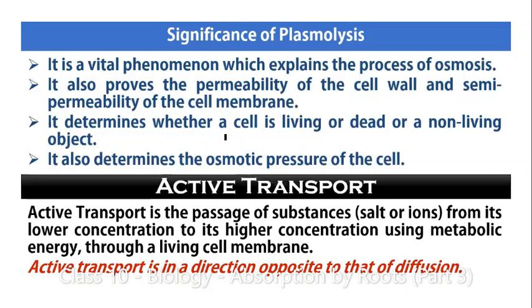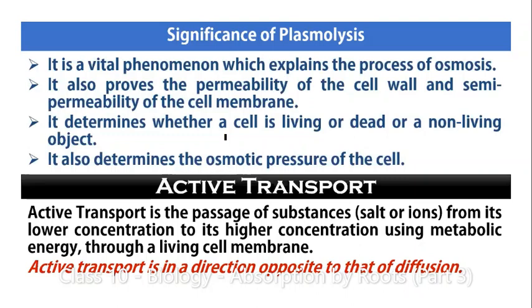Through metabolism, ATP is generated. So they utilize the ATP and take in substances from their lower concentration into the cell where their concentration is high. This is because the root hair cells or the cells of the plant body are continuously in need of the ions and salts, the minerals.